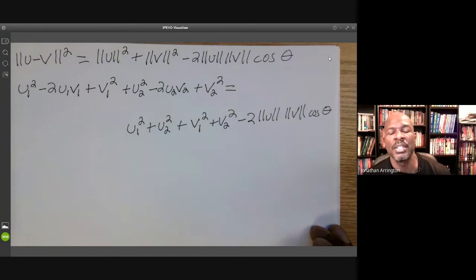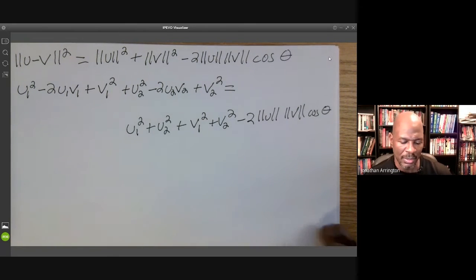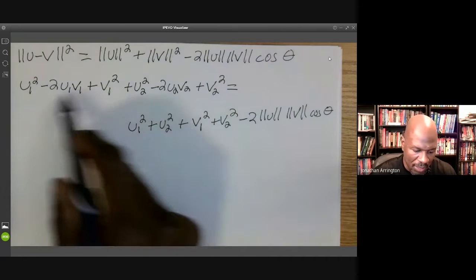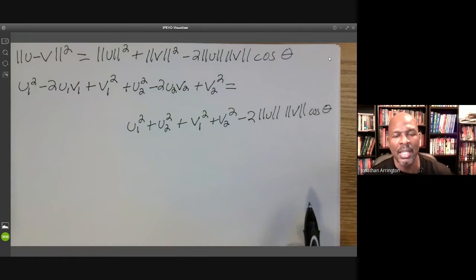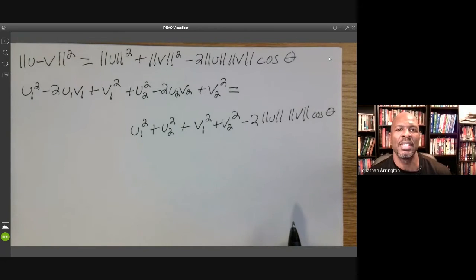Now, we have a very long equation, but as happens in many cases, we'll make it more simple. We have identical items on both sides of the equal sign. This is the left side of the equal sign. This is the right side of the equal sign. As you know from algebra, when you have identical items on opposite sides of the equal sign, they cancel each other out.